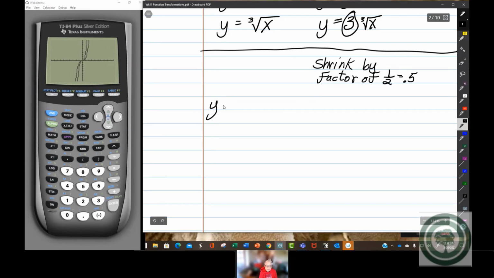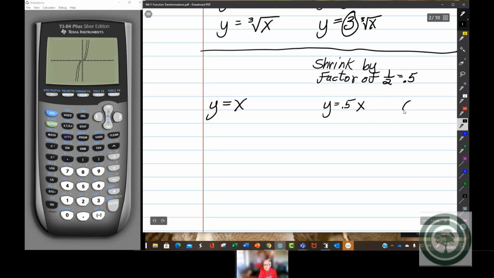Then for y equals x, I would have y equals 0.5x, if this number is between 0 and 1.